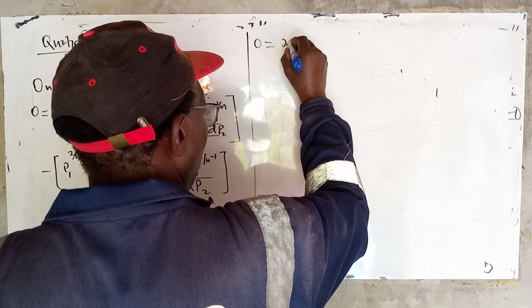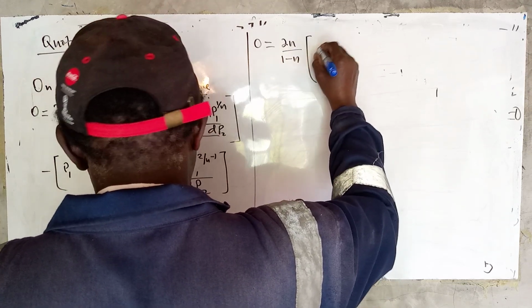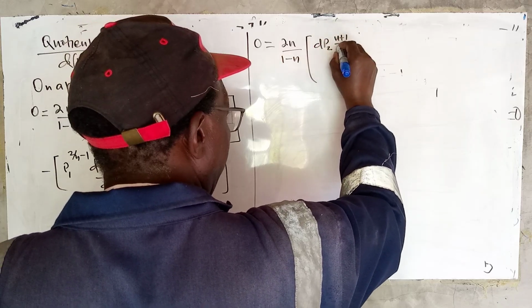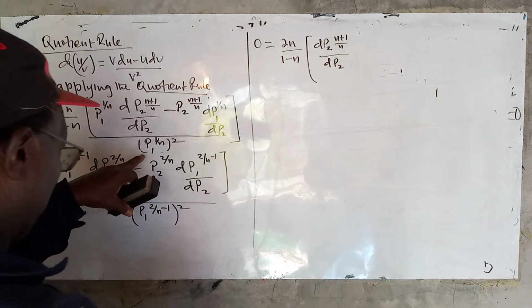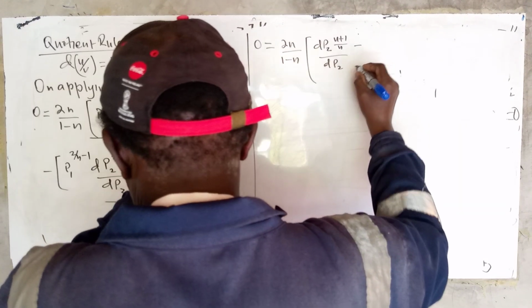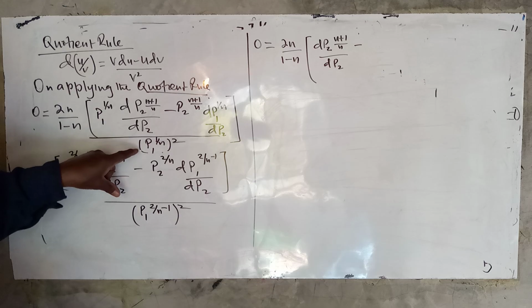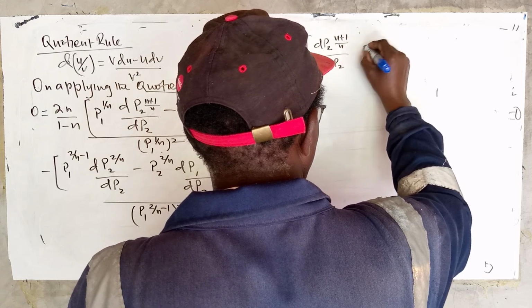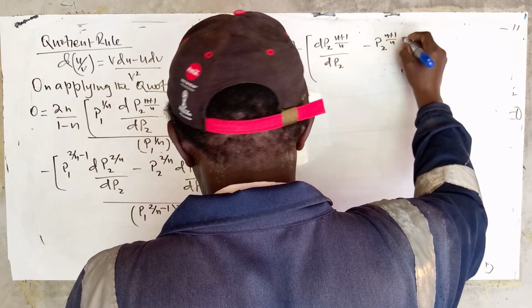So we'll have 2n over 1 minus n into dP2, n plus 1 over n over dP2, minus P2, n plus 1 over n.